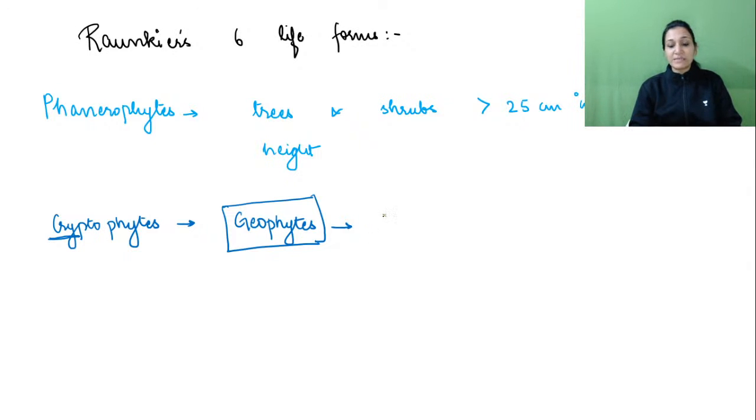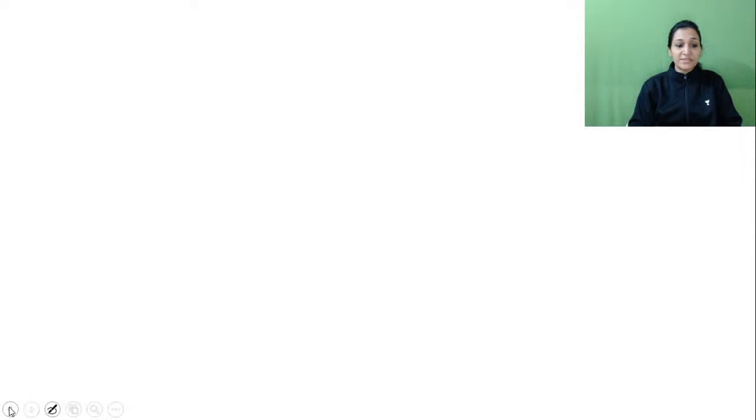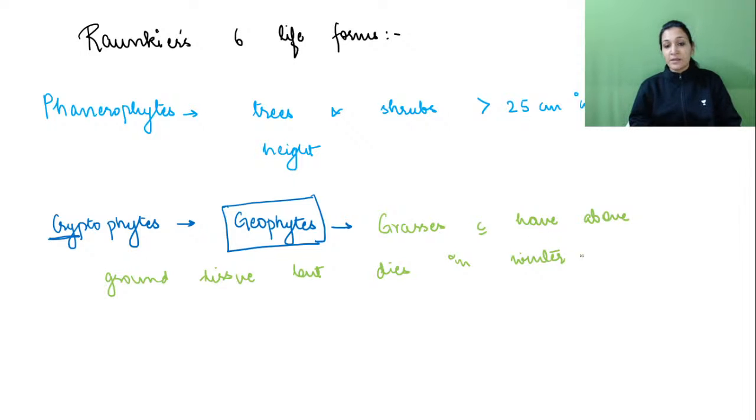Now let us see this. Grasses which have above ground tissue but die in winter. In winter, they cannot survive the very cold temperature. They die in winter. And during long dry periods also, they cannot manage.